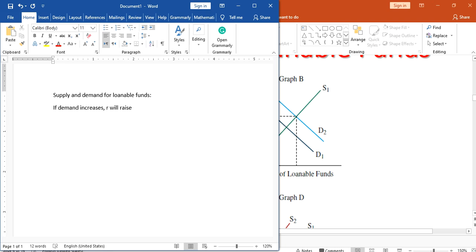This is the first case. This also tells us that if demand decreases, R will decline.